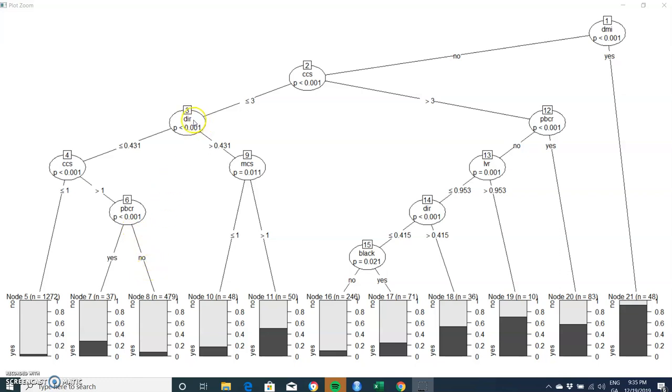If again, the ratio of monthly debt payments to total monthly income was less than 0.4, denoting perhaps individuals with tight budgets, and their mortgage credit score was less than or equal to 1, in other words, no late mortgage payments, then those individuals still stood a good chance of having their mortgage application accepted.